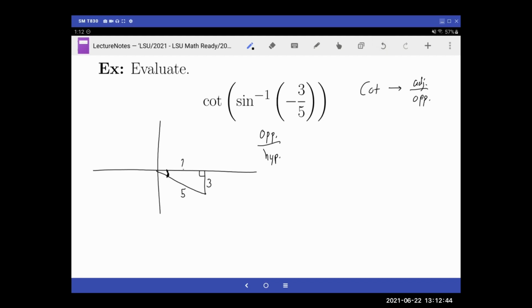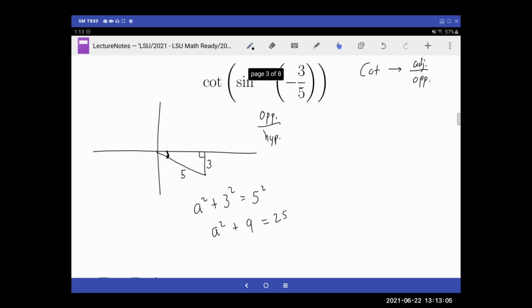To find the adjacent side, I'm going to use the Pythagorean theorem. a squared plus b squared, right? This time b is 3, equals c squared, the hypotenuse squared. a squared plus 9 equals 25. Subtract 9 from both sides, I get a squared is 16.